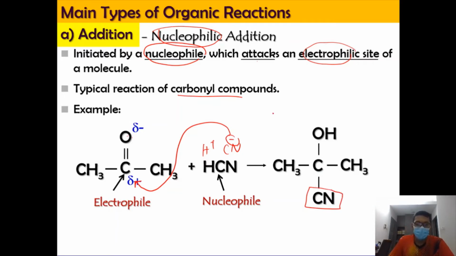Okay, and the oxygen is going to take another hydrogen plus. So this is known as the mechanism, but at this point you don't have to know the mechanism. You can just directly say that CN will be attached to the electrophile, and this is known as the nucleophilic addition, and that is why O will become OH here.